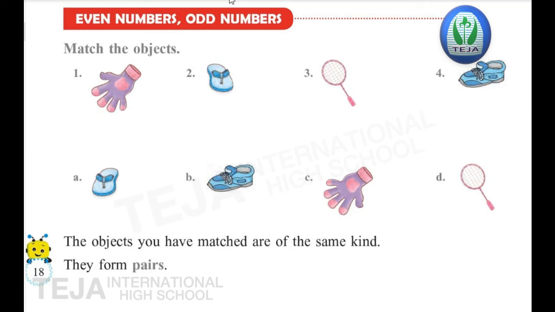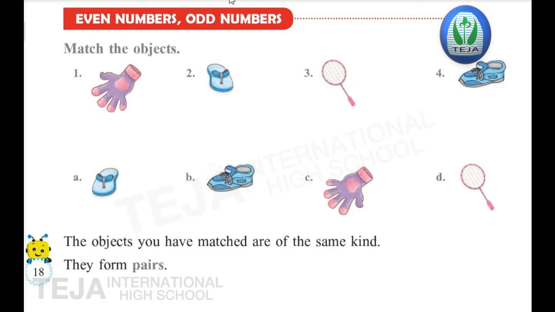And the definition of odd numbers is the numbers which are not divisible by 2. Here the examples of odd numbers are 1, 3, 5, 7, 9, 11, 13 and so on. So which are divisible by 2 are even numbers, which are not divisible by 2 are odd numbers.